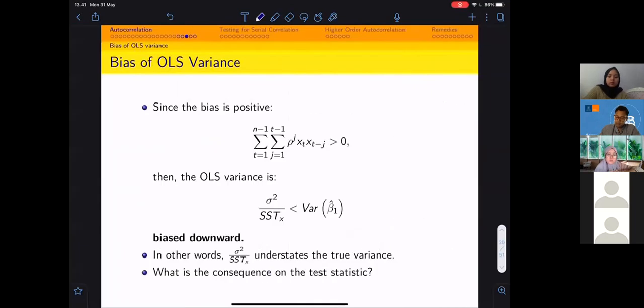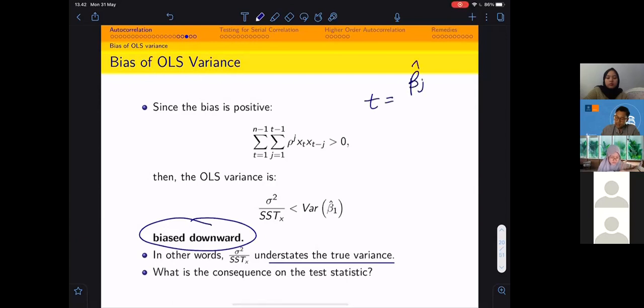All right. Now, since the bias is positive, as I mentioned and revised in the previous statement, we're going to have a downward biased standard error. In other words, the OLS estimate of the standard error is going to understate the true variance. If you recall, the t statistic is the ratio between beta hat j and the standard error of beta hat j.